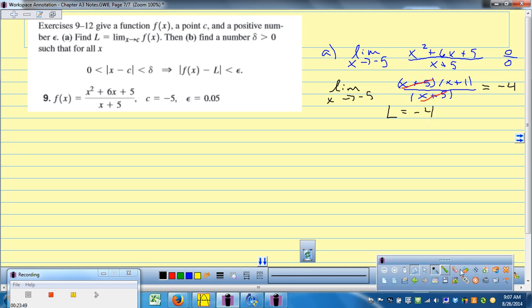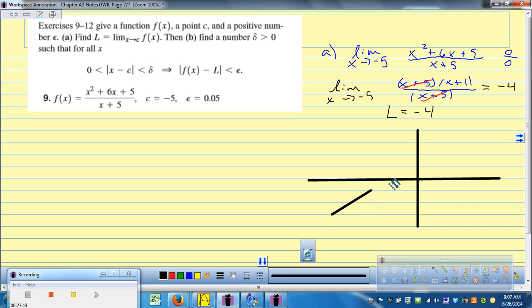It's very useful in a lot of these problems to actually have a sketch of the function. So even though it looks a little ugly to begin with, we know that it looks like x plus 1, but with what's going on at x equals negative 5, a hole. And I'm just being arbitrary about where these fall, I've got a hole.